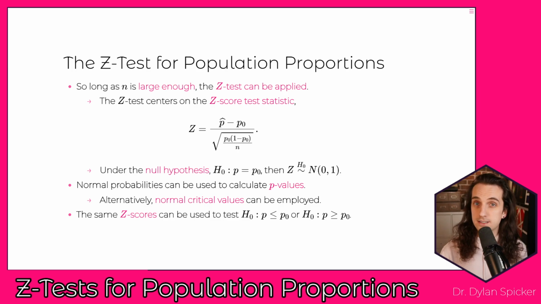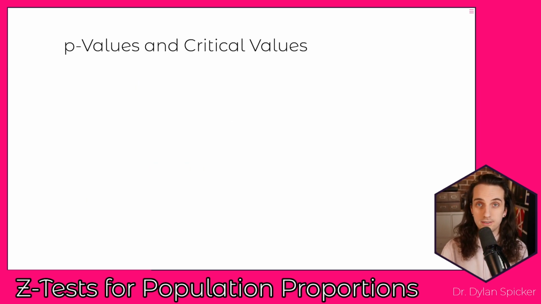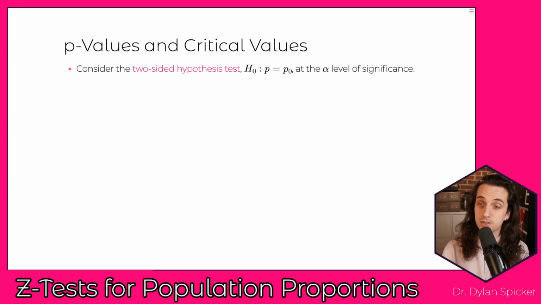Right, and so with our z-score, with our null distribution, we need to figure out what our p-values or our critical values are going to be. So in order to do this, we're going to make use of the normal distribution. If we first consider the two-tail alternative, the null p equals p naught versus the alternative of not being equal, we're looking at an alpha level of significance.